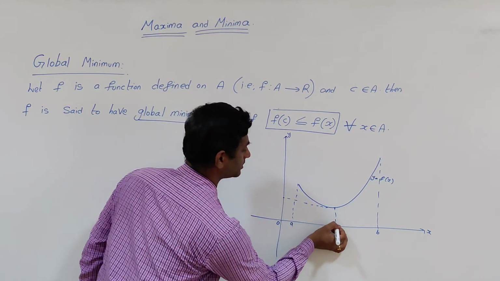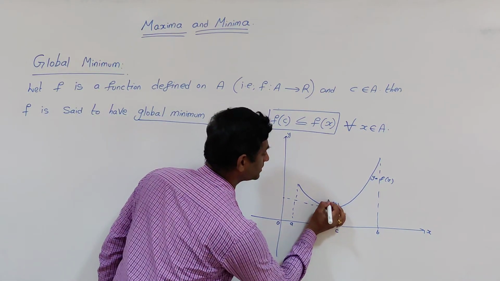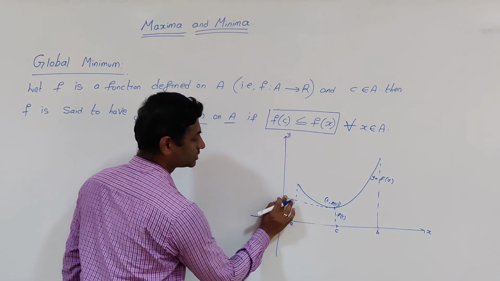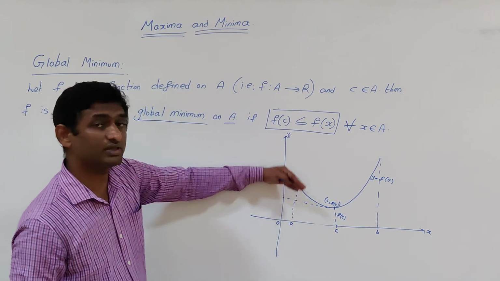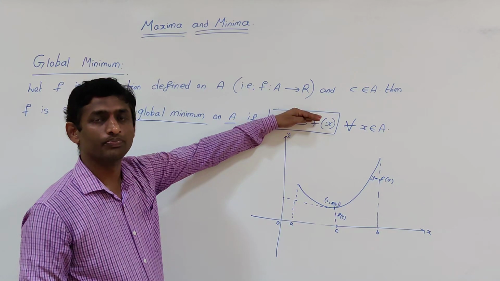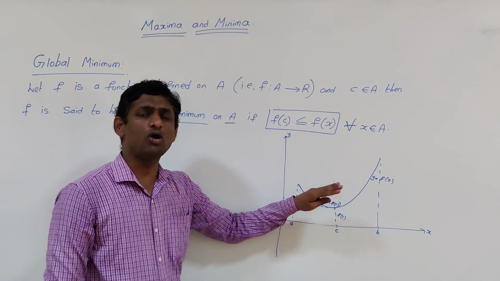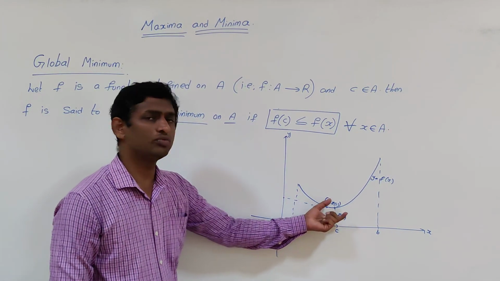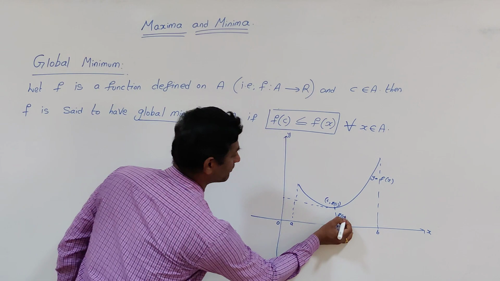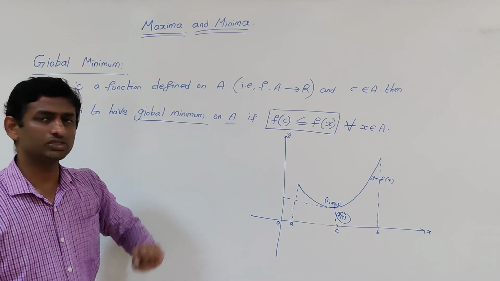The output will be f(C), meaning the point on the curve is (c, f(c)). So whatever outputs exist, they are above f(c), and this f(c) is the smallest value among all the outputs of the given domain. So this f(c) is called a global minimum of the given function.